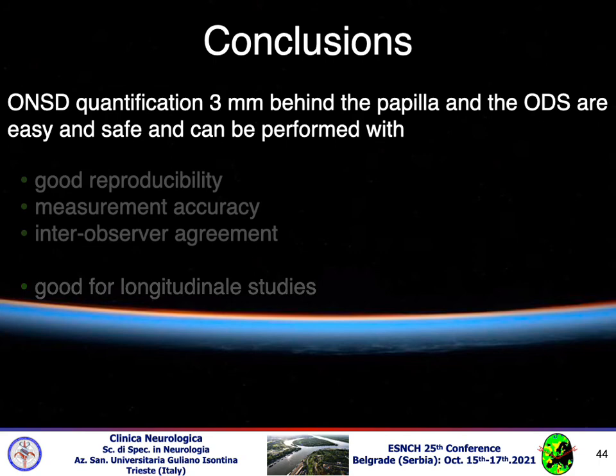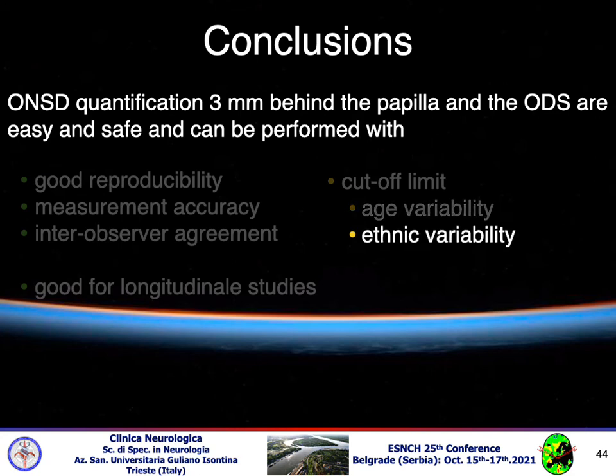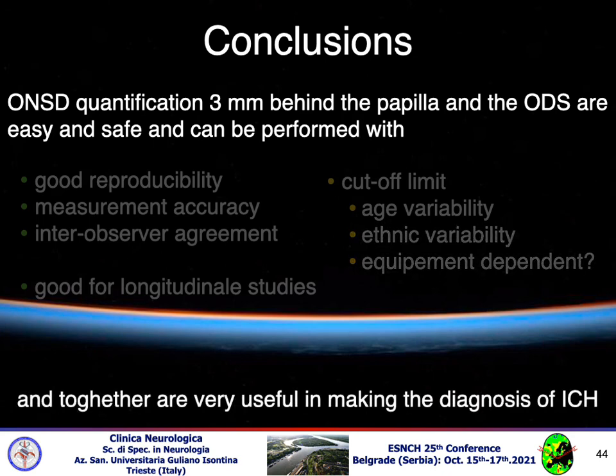We have to keep in mind that there is a cutoff limit that is not established for all, because there is age variability, ethnic variability, equipment dependency. But if we consider doing this examination together, this tool gives us a very useful tool for making the diagnosis of intracranial hypertension.